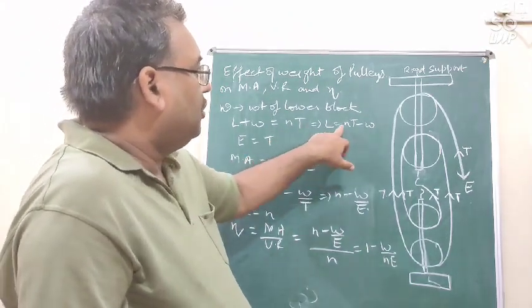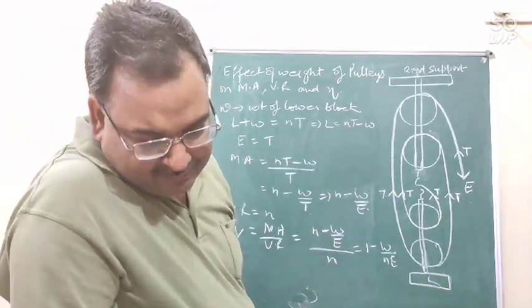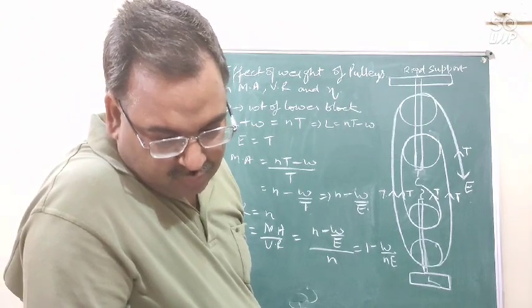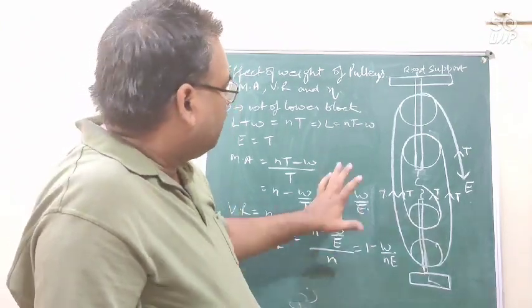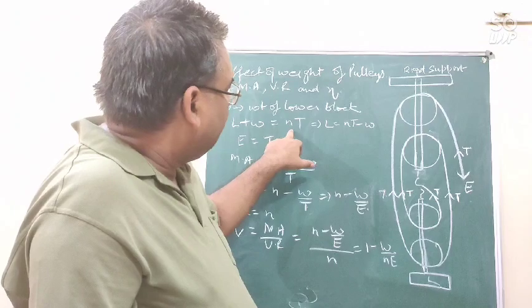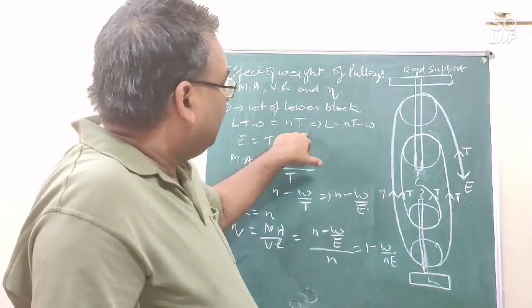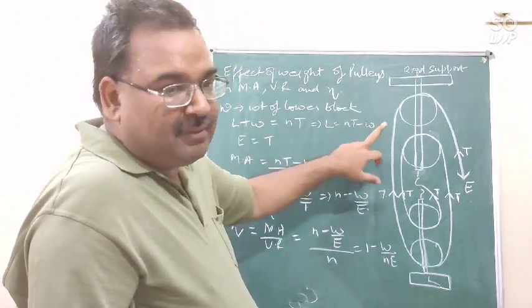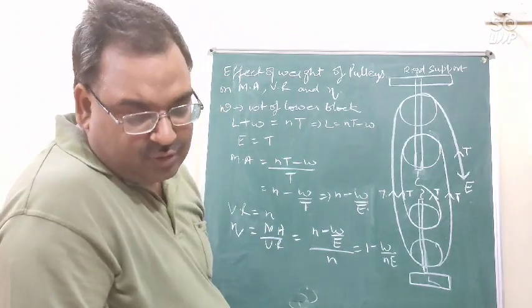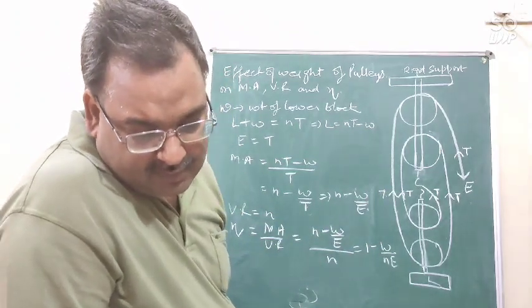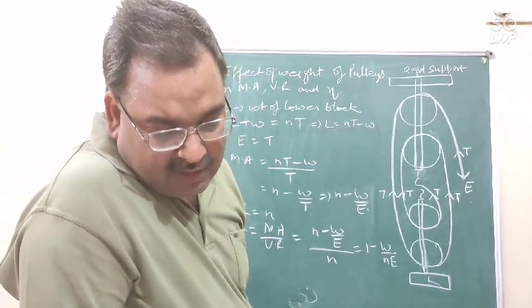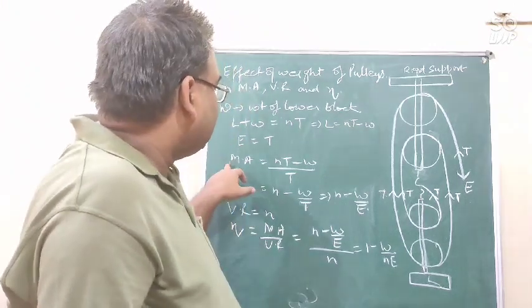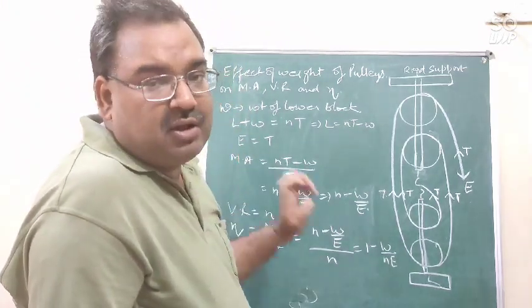So L plus W equals nT, which means L is equal to nT minus W, and effort is always equal to T. Is it clear?